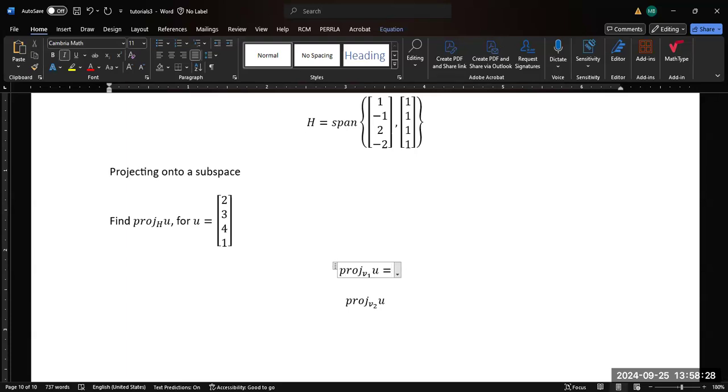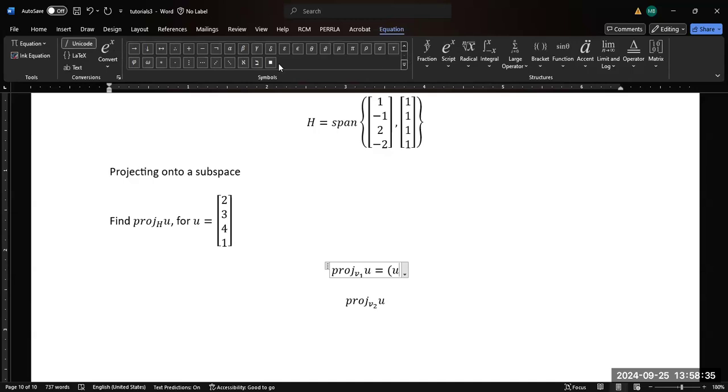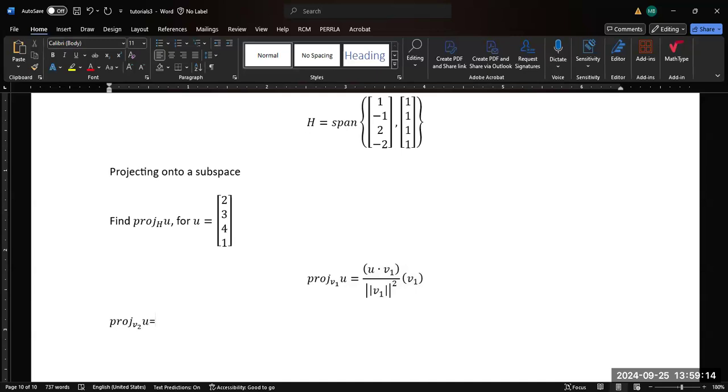If you recall, the formula is U dot V1, divided by the magnitude of V1 squared, times the vector V1, and likewise the formula for projecting onto V2 is exactly the same, except we change all of our subscripts.